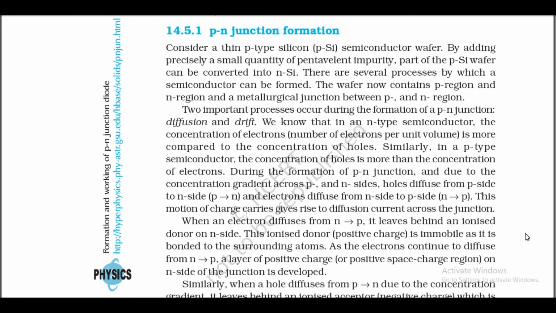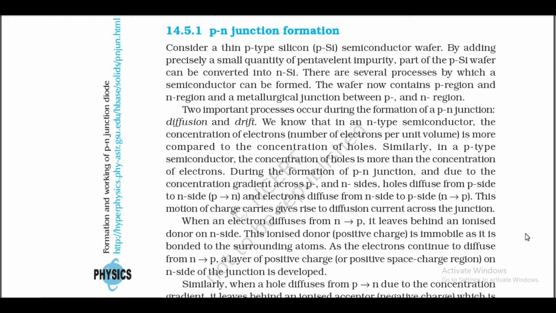During the formation of the PN junction, due to the concentration gradient across the P and N sides, holes diffuse from the P side to the N side, and electrons diffuse from the N side to the P side. This motion of charge carriers gives rise to diffusion current across the junction.